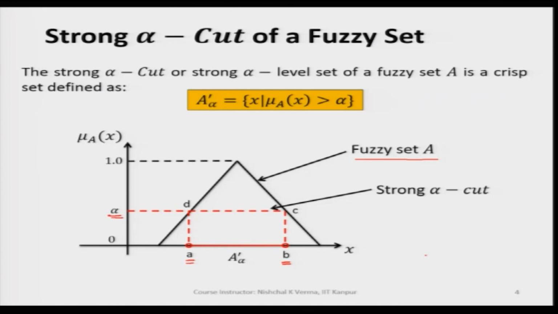So, we are only considering those values of generic variables for which their respective membership values are greater than alpha. So, now I think this is a very clear difference between the alpha cut and strong alpha cut of a fuzzy set.